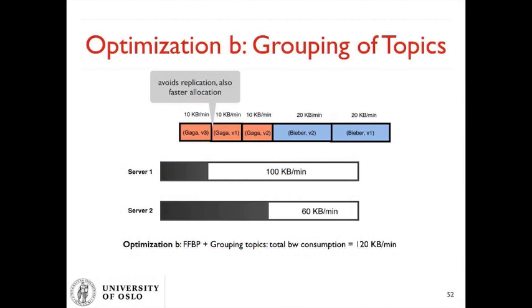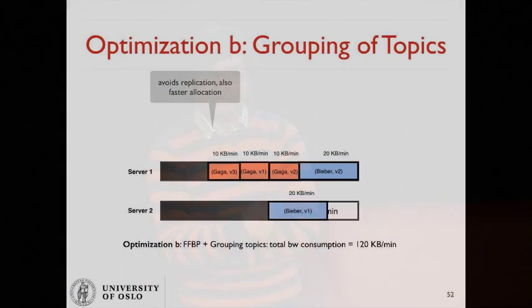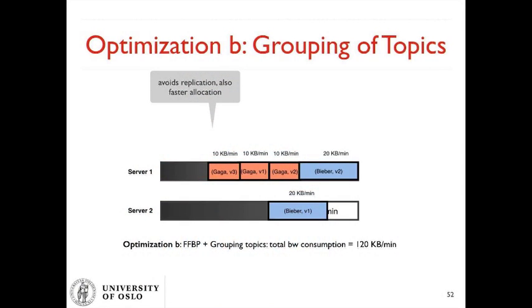One is we are trying to avoid splitting the subscribers of a topic as much as possible. At the same time, it also speeds up the algorithm, because instead of looking at millions of topic subscriber pairs, we are now looking at only individual topics. So this avoids splitting of subscribers to some extent, but it's probably still not enough.